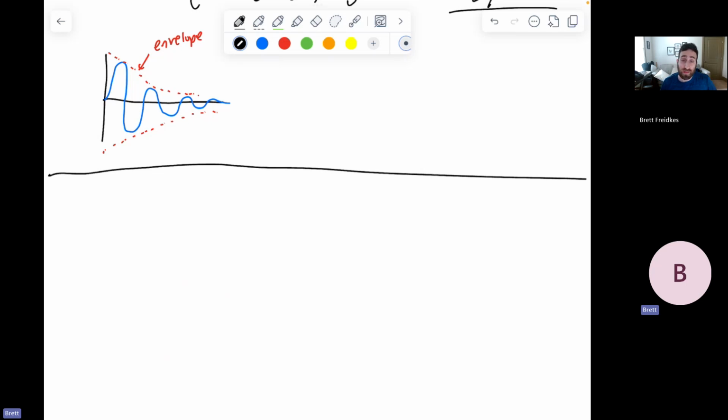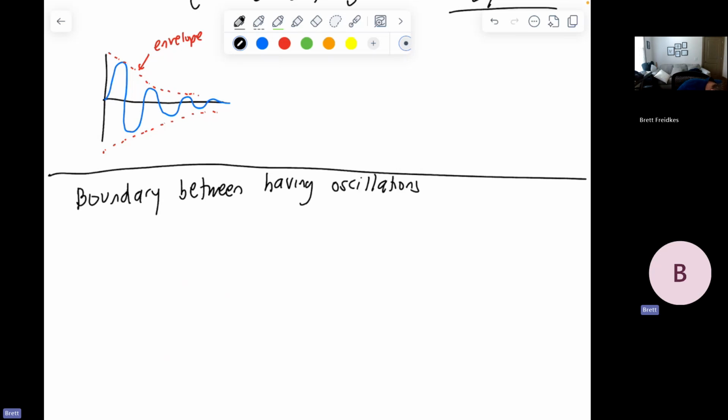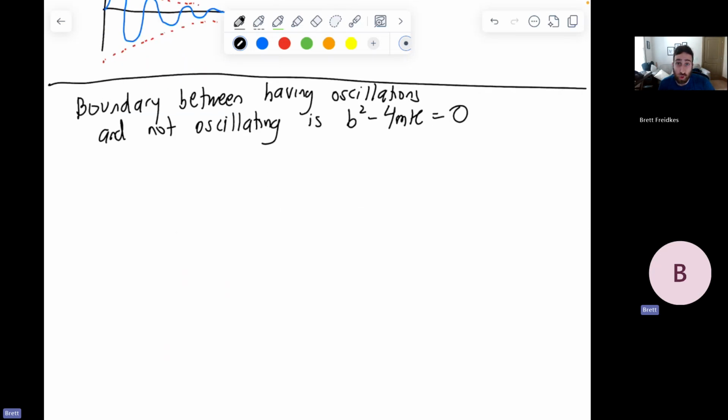And the boundary between those distinct behaviors, between having oscillations and not oscillating, is when the discriminant is equal to 0. And that's the thing we're going to look at next.